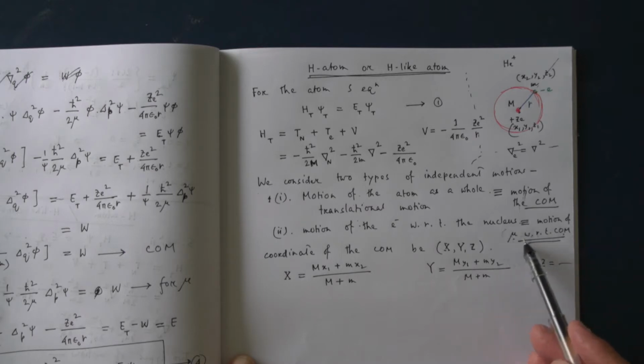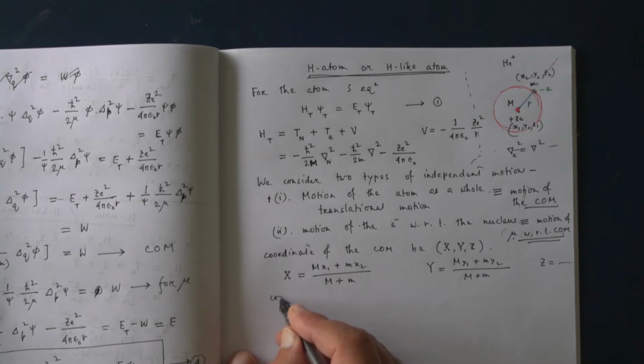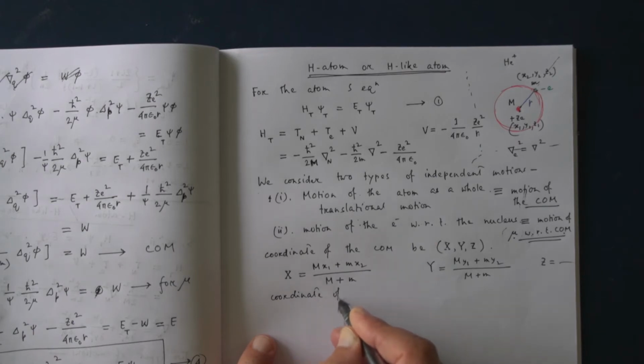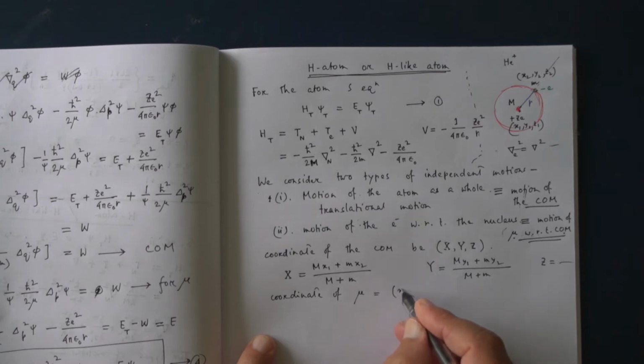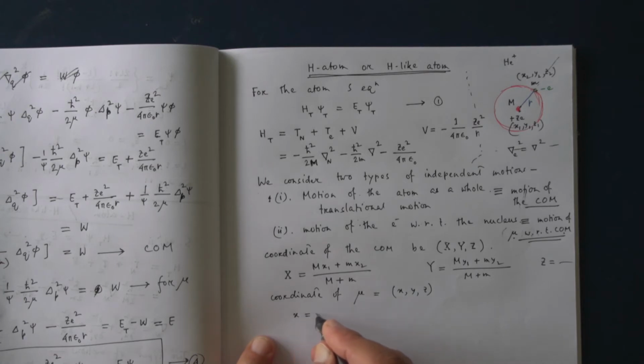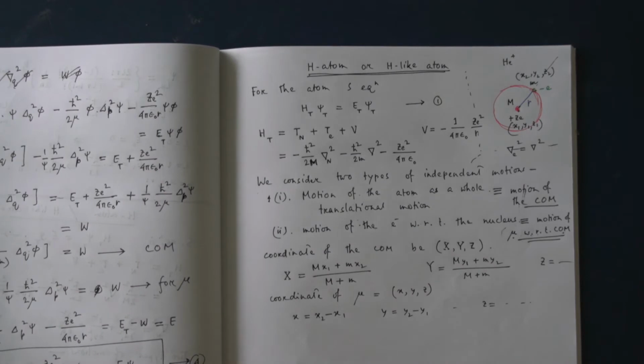What is mu? Actually, mu is the reduced mass. And what is the coordinate of mu? Say x, y, z, where x equals x2 minus x1, y equals y2 minus y1, and z equals z2 minus z1. So the coordinate is this.